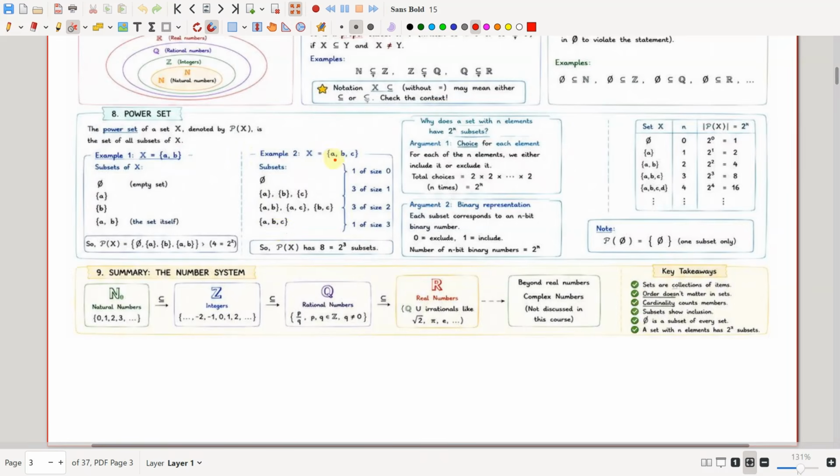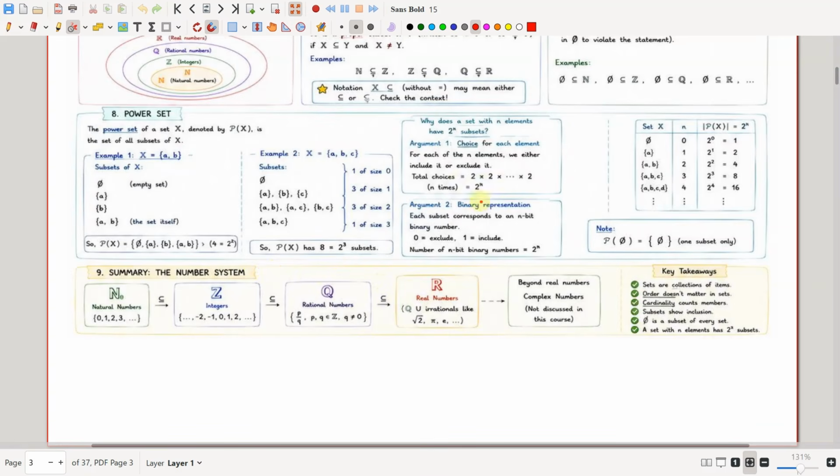There are 3 elements here, right? Then 2 power n will be 2 power 3, which is 2 into 2 into 2, which is 8. So there must be 8 elements. See here, 1, 2, 3, 4, 5, 6, 7, 8. So the power set of X, P of X, has 8 subsets.